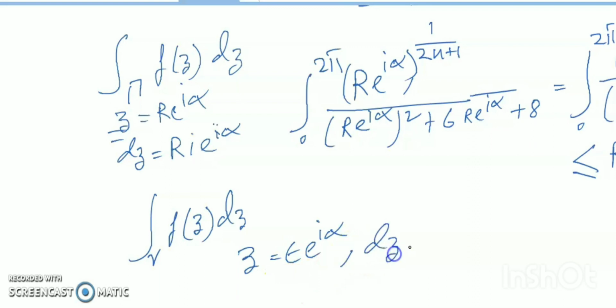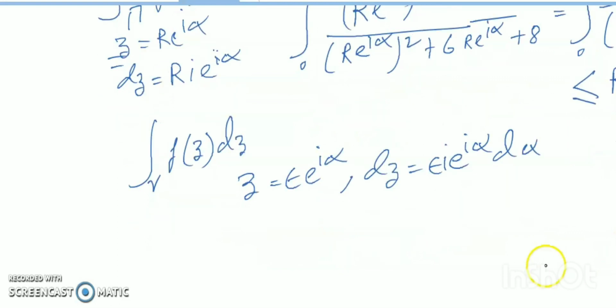So we get the same values. So we can show epsilon, so it is 0 if epsilon tends to 0. Okay, so this is the very simple Jordan lemma. I think this is also called Jordan lemma.